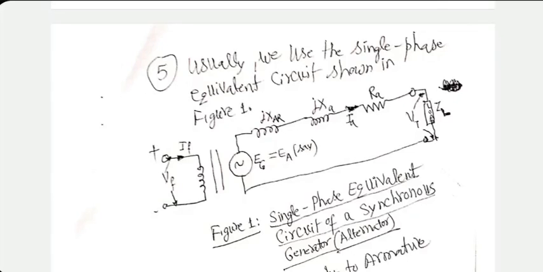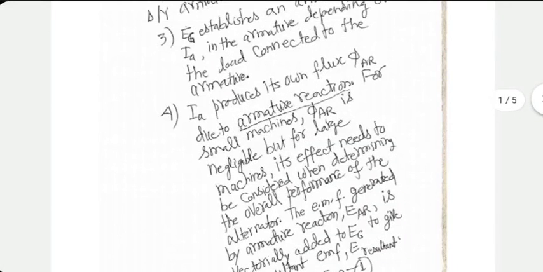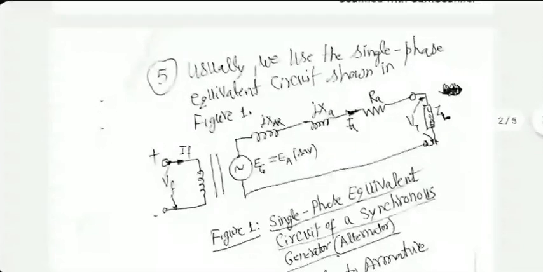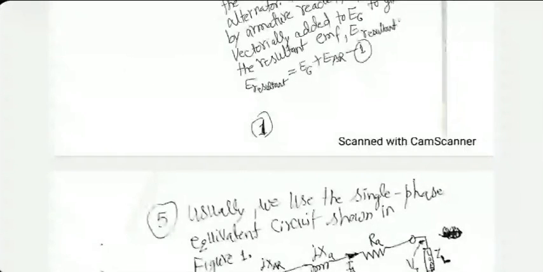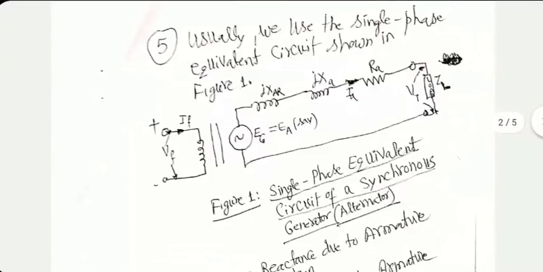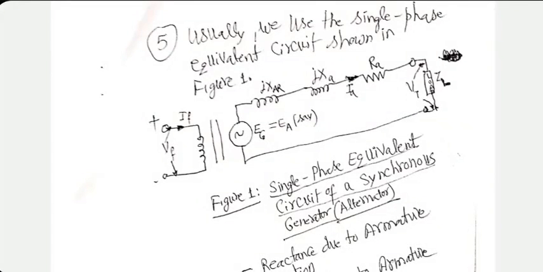Back EMF, EG, which can include armature reaction if necessary. But normally what they propose is that, let me come to it systematically. What they do is, instead of adding a resultant voltage, or instead of adding EAR to EG, they try to include the effect of armature reaction by letting EG remain as it is. And in the reactance of the armature winding, they add a fictitious reactance to account for the effect of armature reaction.